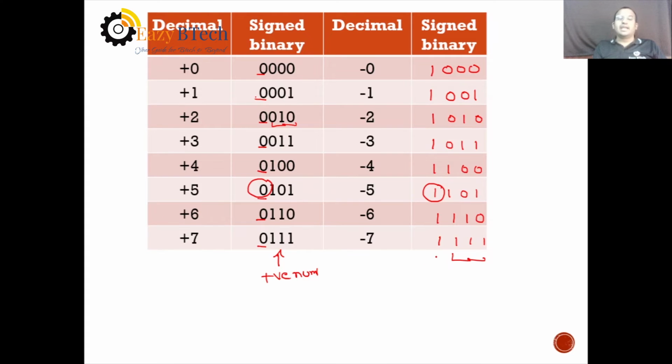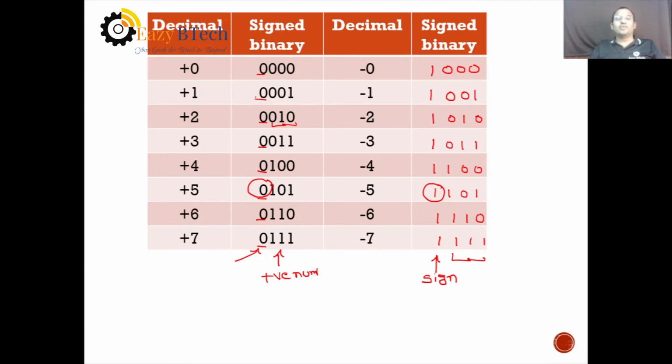The MSB bit indicates the sign of the number in sign magnitude representation. If it is 1, it is a negative number. If the MSB bit is 0, it is a positive number. Is it clear for everyone?